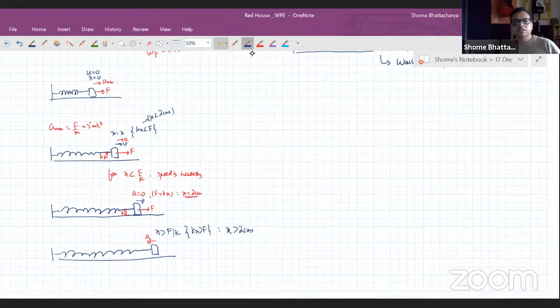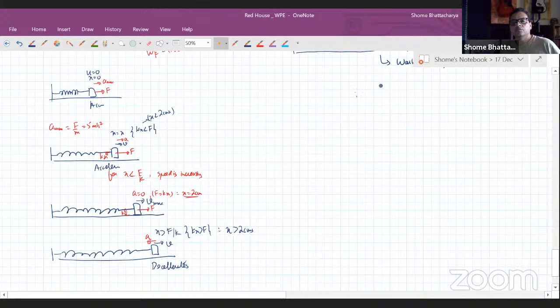Okay. It's continuing in the same direction, but it's decelerating. So this is when the block starts to decelerate. Whereas here the block was accelerating. Okay. So when it reaches this position, it is at equilibrium. So its speed is maximum because after this it's decelerating.